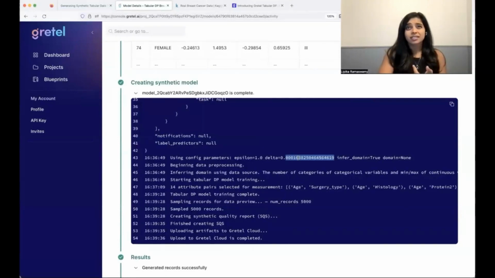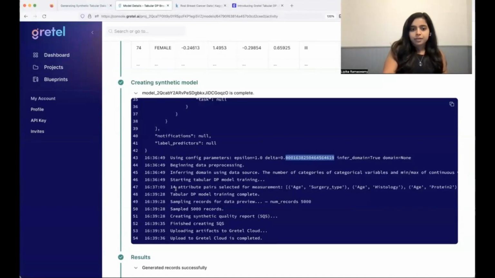There were about 330-ish records. So this is 1 over 330 raised to a power between 1 and 2. And that's to keep this value of delta really, really small. So our risk, our external risk, we want to really minimize that. So that's what we do with this auto setting for delta.